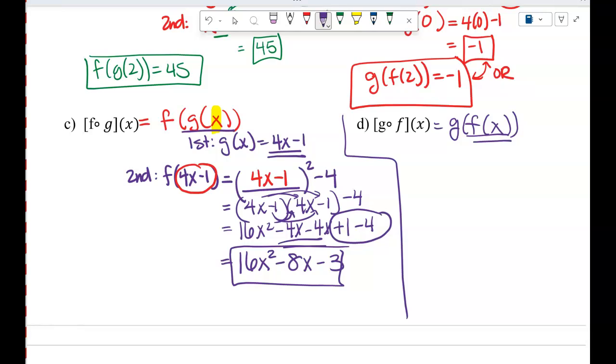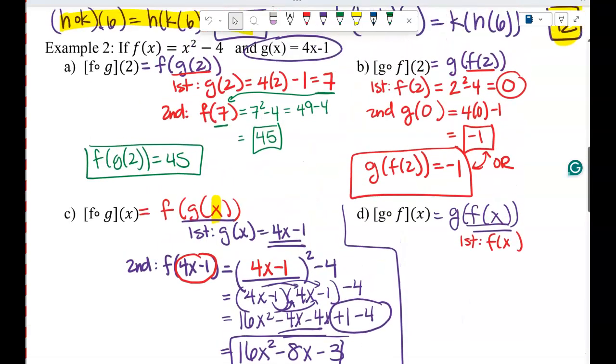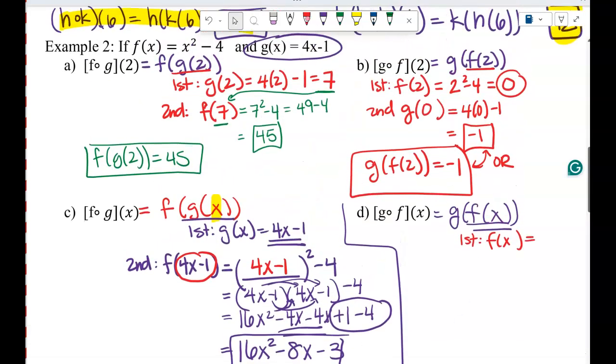So again, first step, write down what f of x is, because this is your first part. F of x, and that's given to us. Let's go up and look. What was that function? X squared minus 4. Now your second outer component is g. So whatever that is, this is what gets plugged in here, okay?